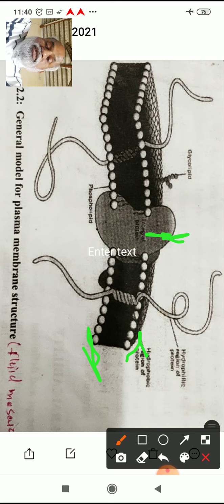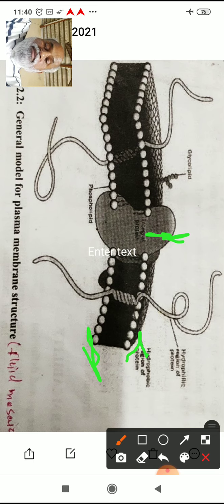Third, it serves as a base of attachment for the cytoskeleton in some organisms and the cell wall in other organisms.